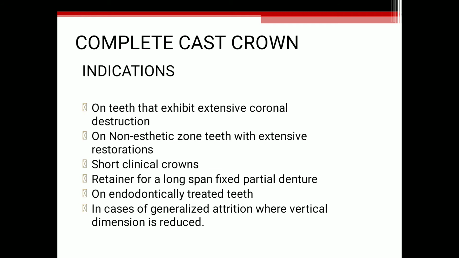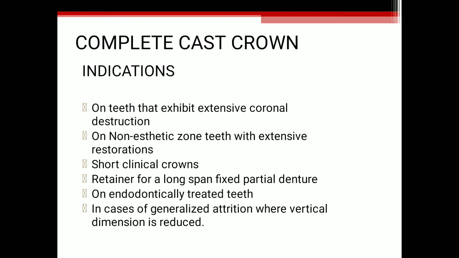Indications: it is indicated on teeth that exhibit extensive coronal destruction, on non-aesthetic zone teeth with extensive restorations, and short clinical crowns. Remember this point, short clinical crowns. It is also indicated as a retainer for a long span fixed partial denture, on endodontically treated teeth, and in cases of generalized attrition where vertical dimension is reduced.